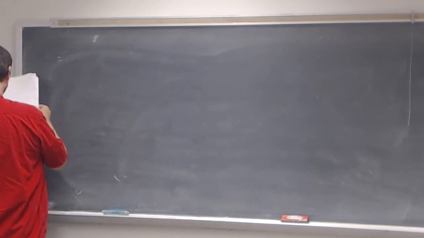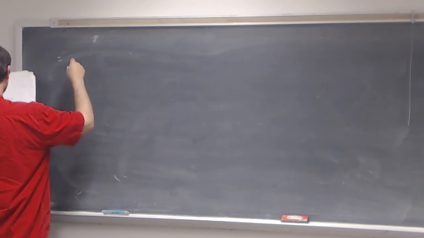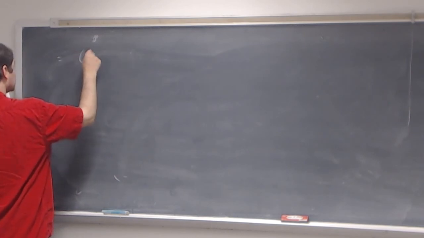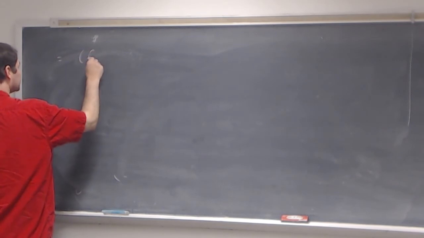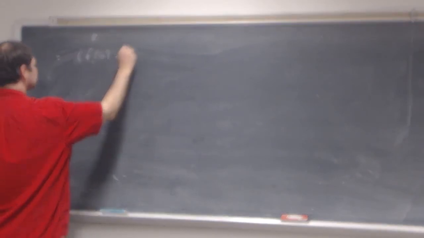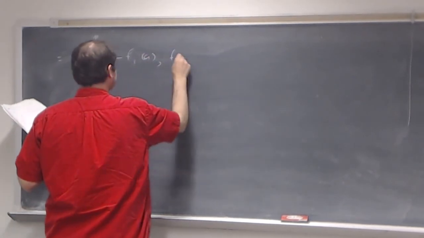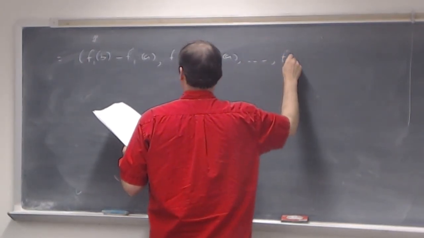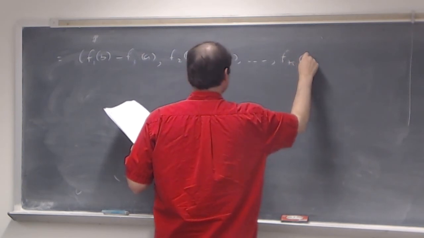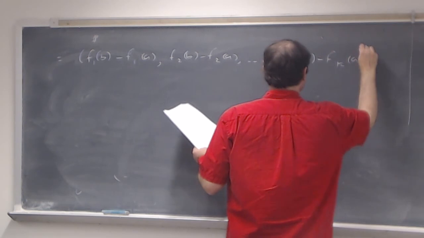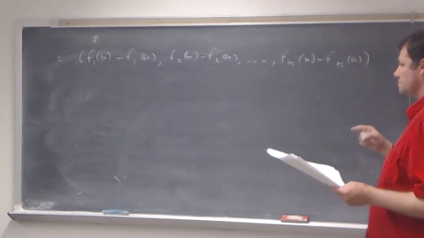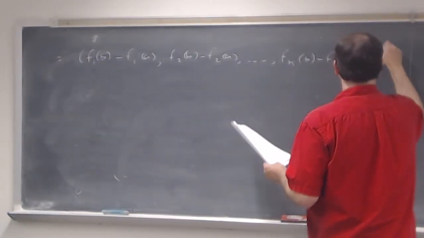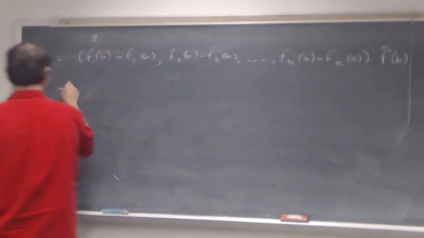Now, that's equal to the F bar of B minus F bar of A, and when you subtract them, you get one K tuple, and it's F sub 1 of B minus F sub 1 of A, comma, F sub 2 of B minus F sub 2 of A, comma, all the way up to F sub K of B minus F sub K of A. Okay, so that's that F bar of B minus F bar of A. And then we have to inner product that with F bar of B. And then from that, we're subtracting exactly this.